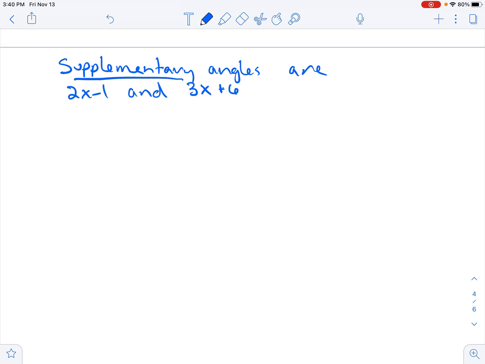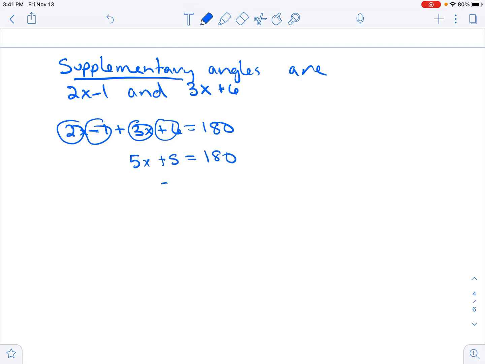Well, supplementary is the key. So I have these two angles, and they should add to 180 degrees. So just pay attention to it, and so then I would combine 3x and 2x, which gives me 5x. Negative 1, positive 6 gives me 5, and now I can solve from there.